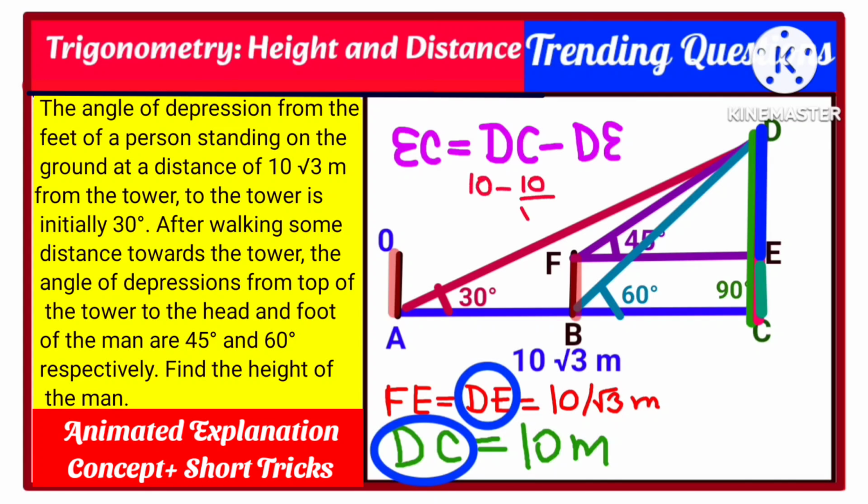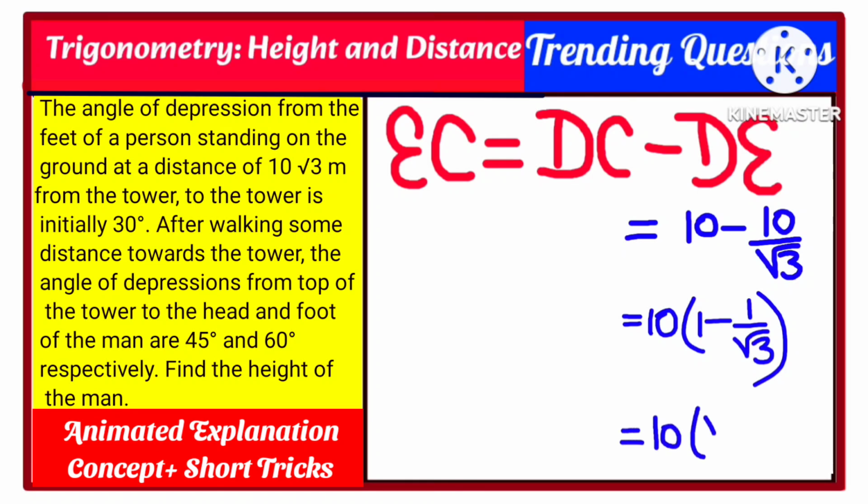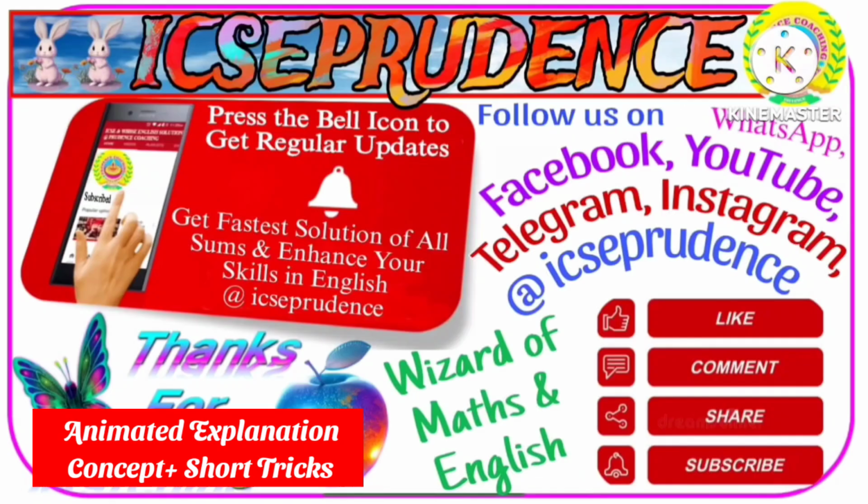So DC is 10 meter. From 10 meter, if we subtract 10 divided by root 3, we will get the correct answer. Let's calculate. We can take 10 common, so within the bracket we will get 1 minus 1 by root 3. If we further solve, we will get 10 multiplied by, within the bracket, root 3 minus 1, whole divided by root 3, and this is our correct answer according to the option.